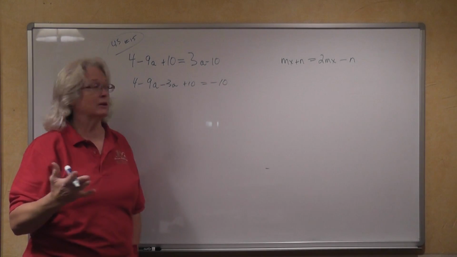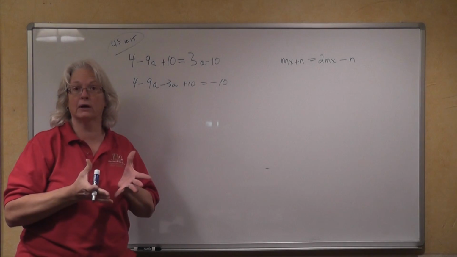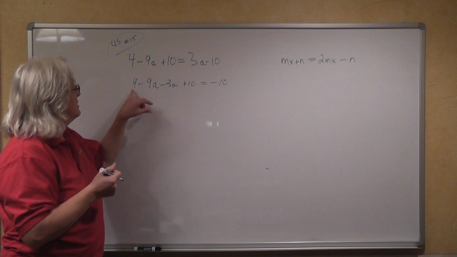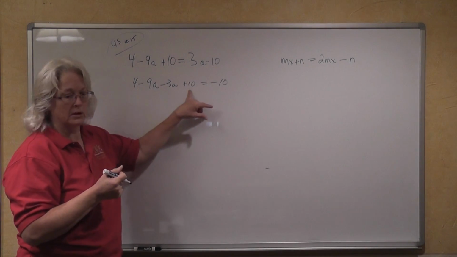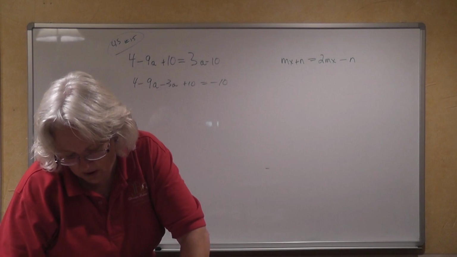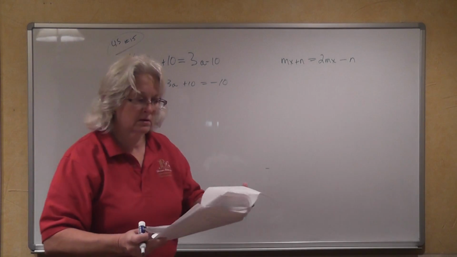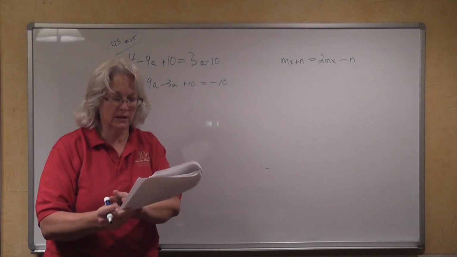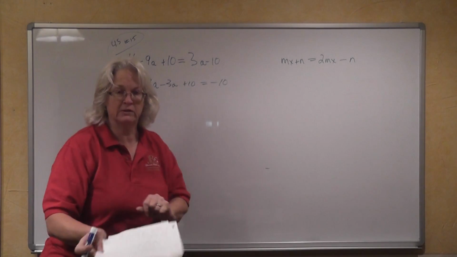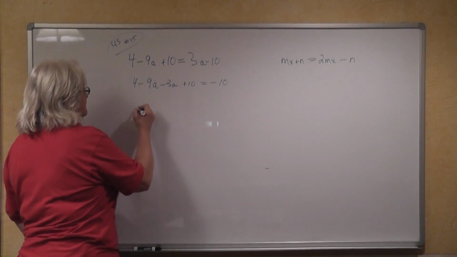And you're exactly correct at that point, and then you thought, okay, I'm going to collect like terms now. So you have 4 plus 10, and actually that's a second problem that showed up, I think. Let me see. No, it didn't. Okay. 4 plus 10 obviously is 14.